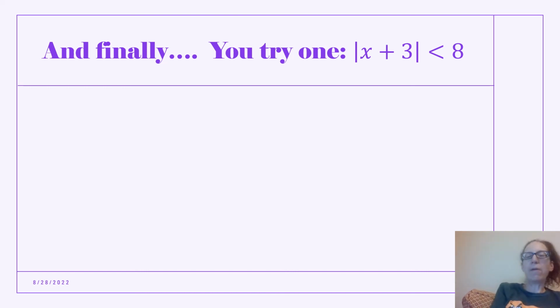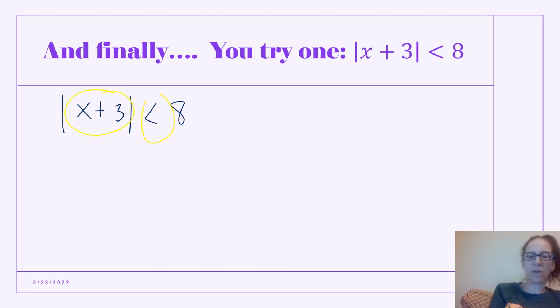Right. Now I don't have Desmos embedded in this slide, so I am going to do it out by hand. So the distance from 0 has to be less than 8. So I'm going to come over here and just kind of do a quick graph of that. So less than 8 means it's closer than 8, but not equal to 8.